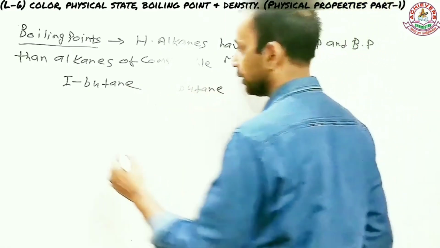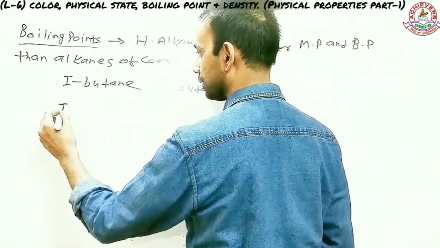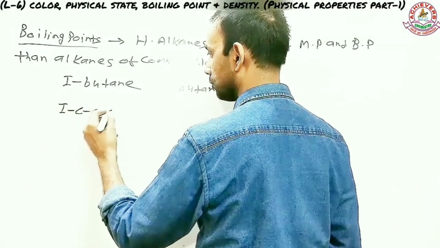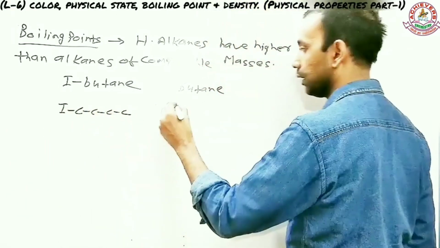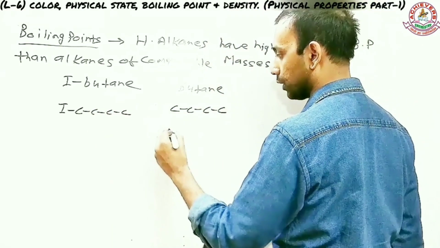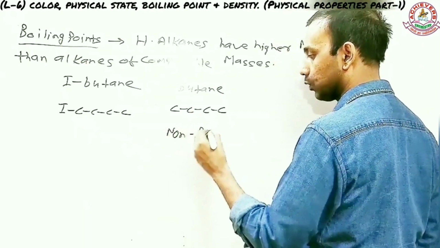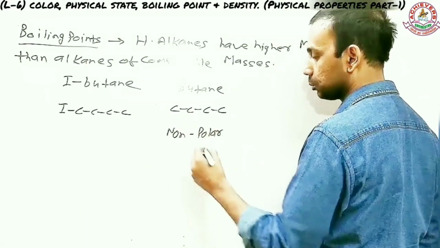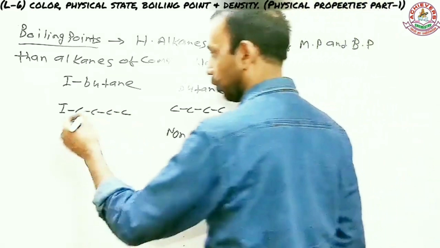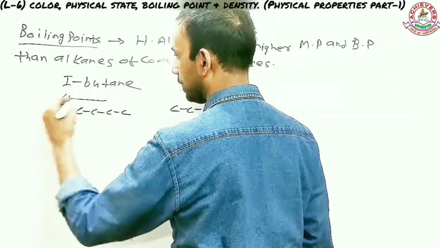So what is happening here? In the iodobutane, the structure is going to be something like this. This is iodobutane and this is your butane. This is a non-polar compound. You need to understand that butanes are non-polar. Why non-polar? Because electronic distributions are everywhere the same. But what's right here? The electron density is towards iodine.